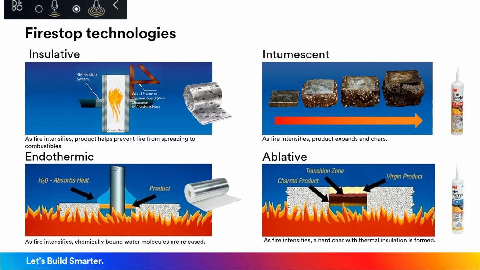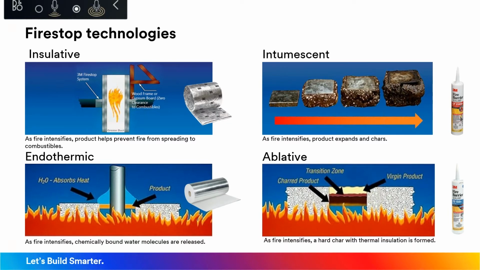Maybe you have a scenario where you need zero inch or zero clearance to combustibles. That's where your insulative solutions would come into play. There are also mats in the industry that can be used around circuitry or around piping, depending on the type of solution, that absorb heat and release a chemically bound water. So it's basically a form of sweating to cool down its surroundings and provide protection.